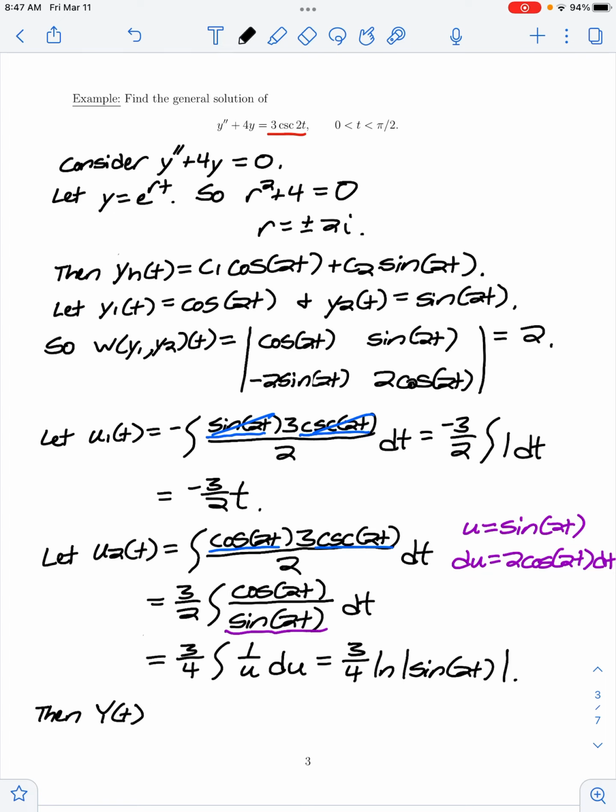Our particular solution, y sub p of t, or capital Y of t, is given by u1, which was negative 3/2 t, times y1, which was cosine of 2t, plus u2, which was 3/4 natural log of sine 2t, times y2, which was sine of 2t.